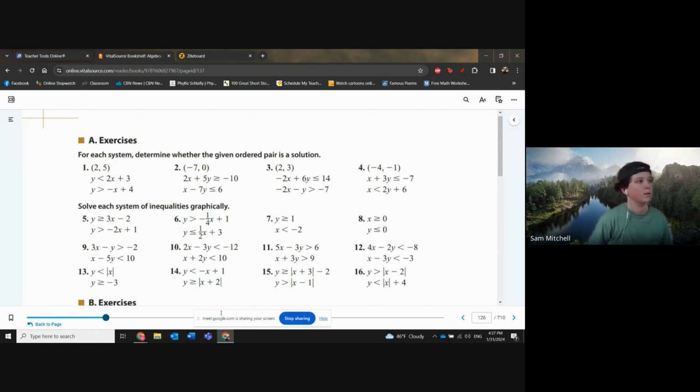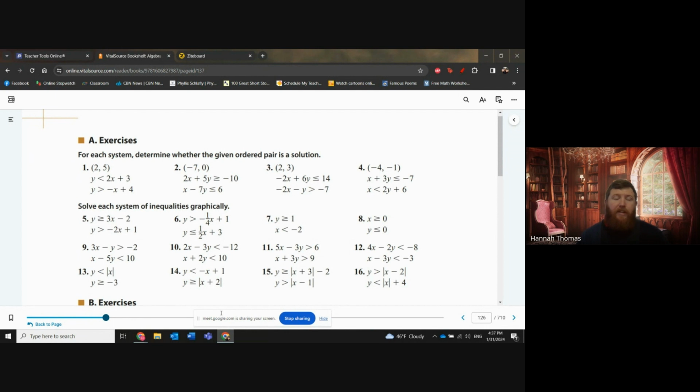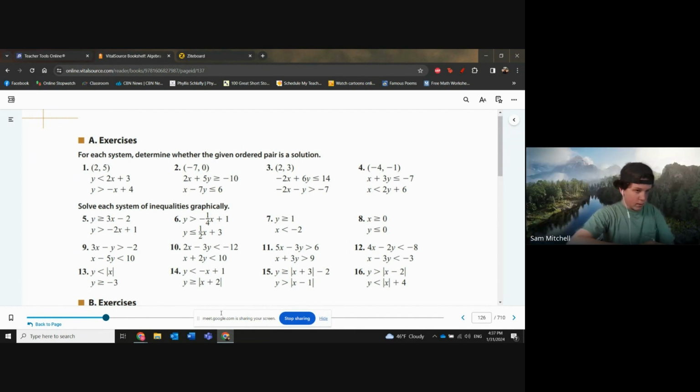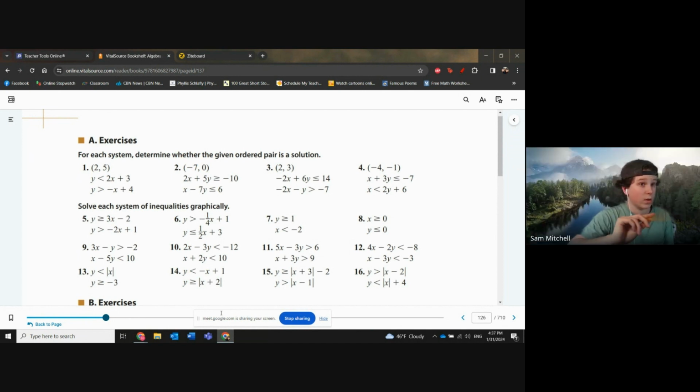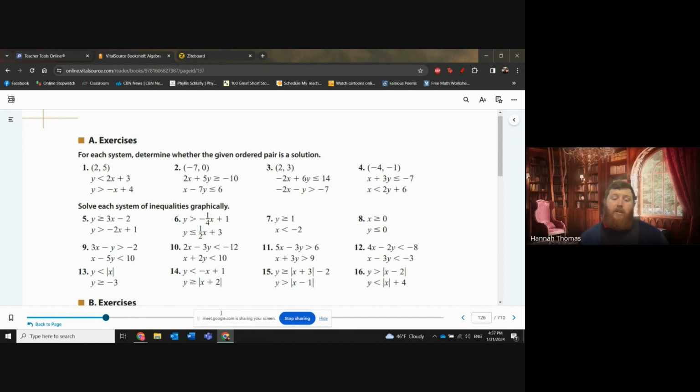Yes, the only rule that's different is if you multiply or divide both sides by a negative, then you swap the sign. Greater than becomes less than, and less than becomes greater than. Okay, number 2 and 4 are simple.